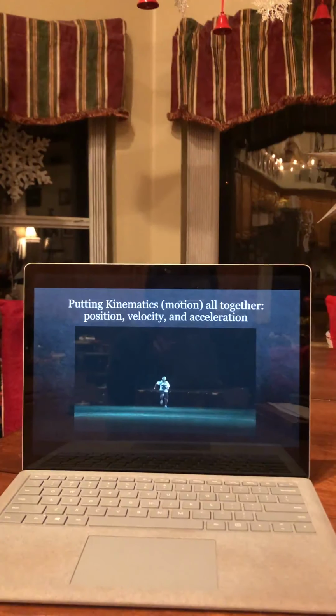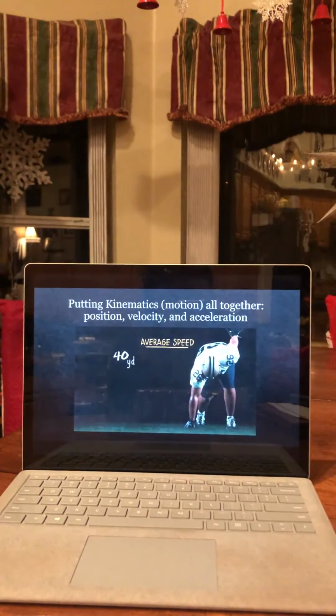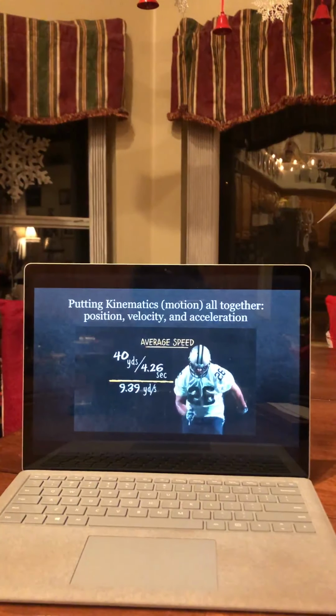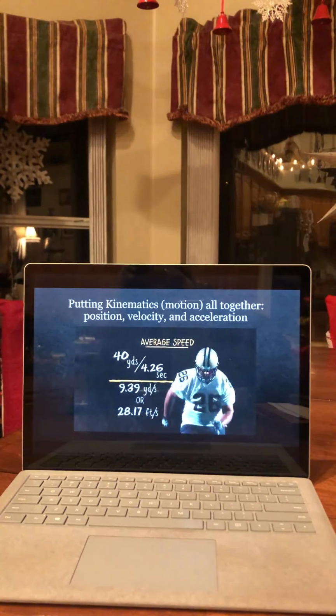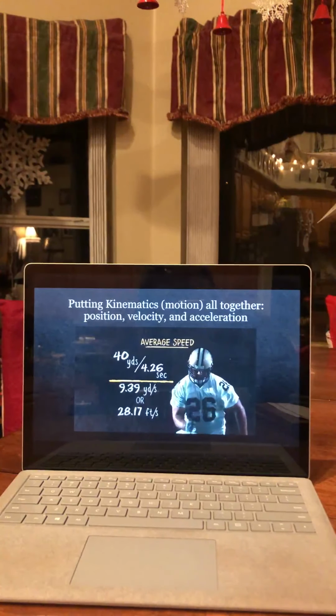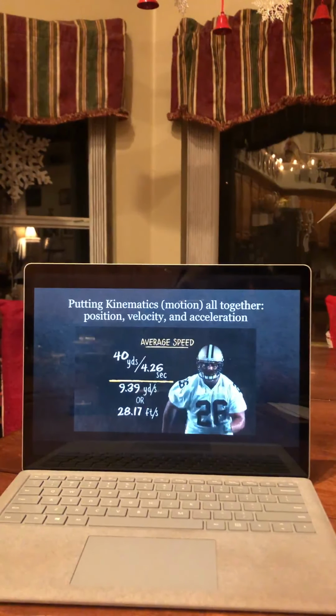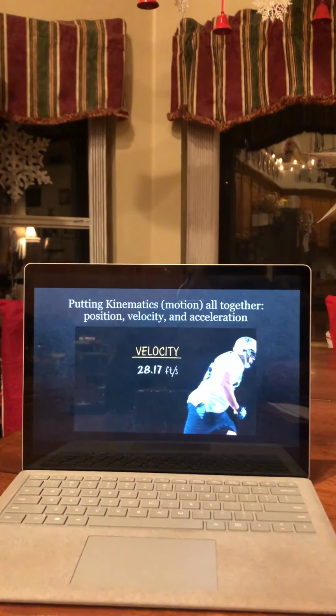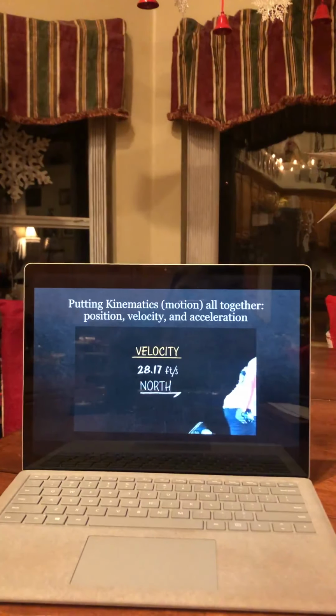Using McAllister's personal best in the 40, 4.26 seconds, it's easy to calculate his speed. Divide the distance by the time to get his average speed, 9.39 yards per second, or 28.17 feet per second. To define the velocity, simply add a direction: 28.17 feet per second north.